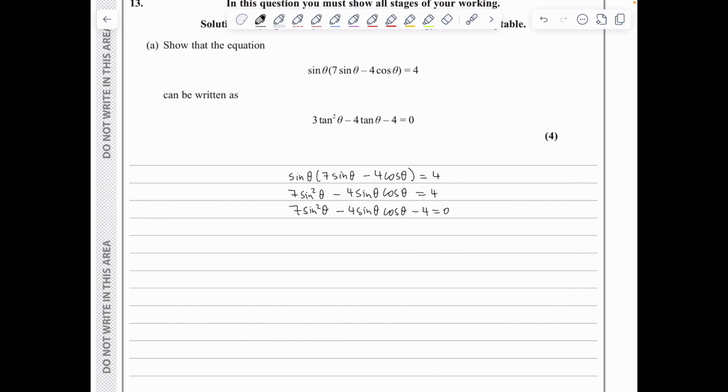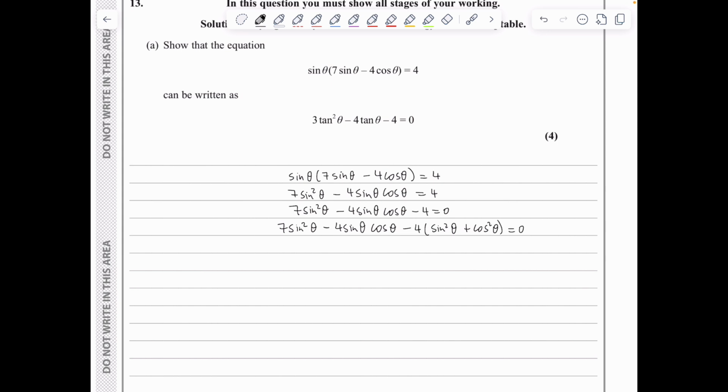And now we know that sine squared theta plus cos squared theta is equal to 1. So I will consider the 4 here as 4 times 1, and I will replace this 1 with sine squared plus cos squared. So we're looking at 7 sine squared theta minus 4 sine theta cos theta minus 4 times (sine squared theta plus cos squared theta) is equal to 0.